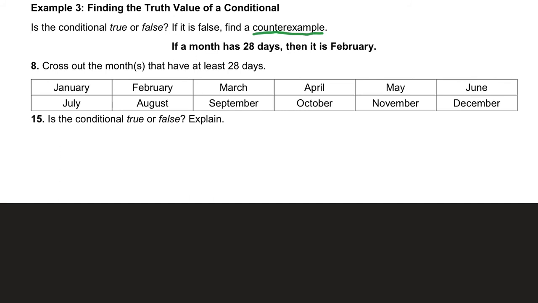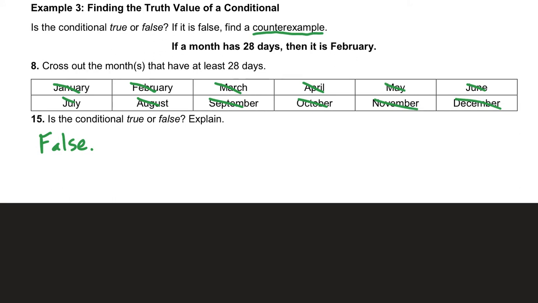So crossing out the months that have at least 28 days, January has 28. So does February, March, April, May, June, July, August, September, October, November, December. So what that means is this statement is false. And a counterexample is an example that fits the hypothesis but does not fit the conclusion.